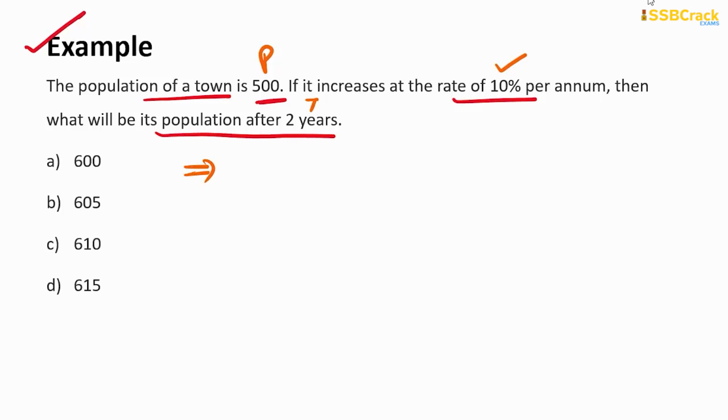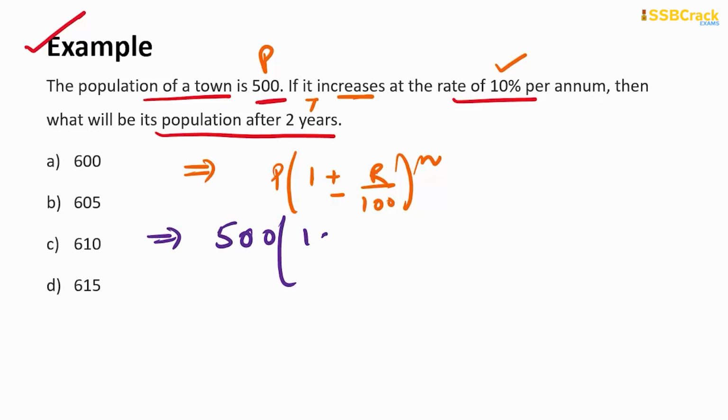We know the formula: P into (1 plus R divided by 100) to the power n. As the population is increasing, we take the plus sign. Now we put all the values in the formula: 500 into (1 plus 10 divided by 100) to the power 2.